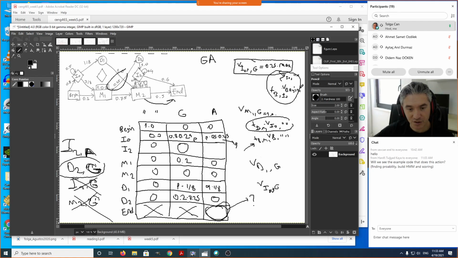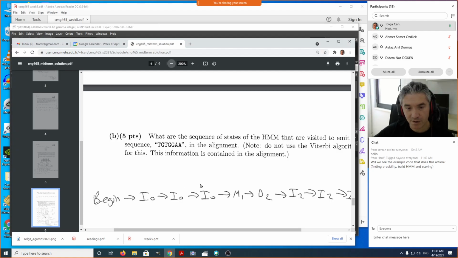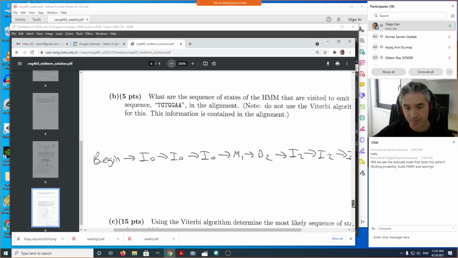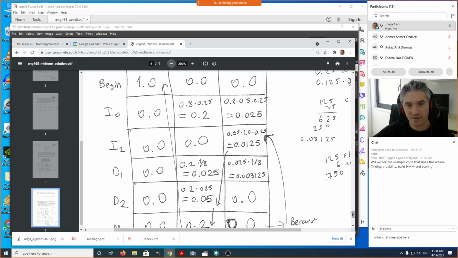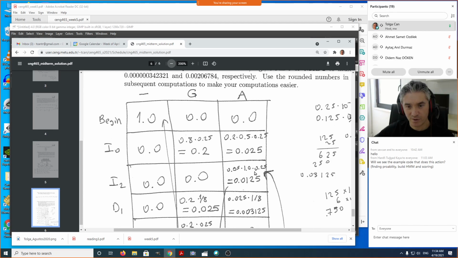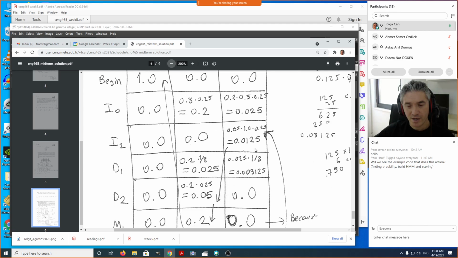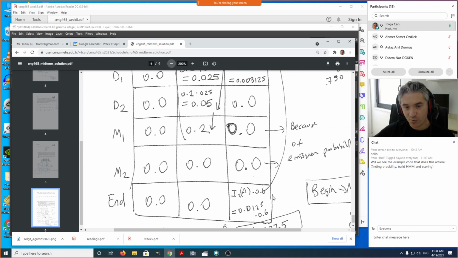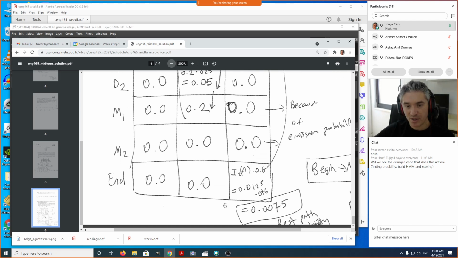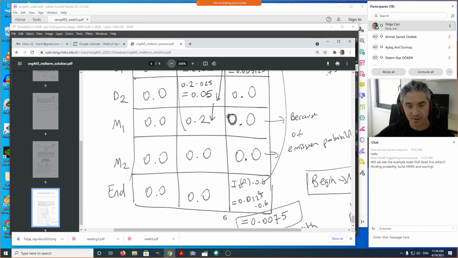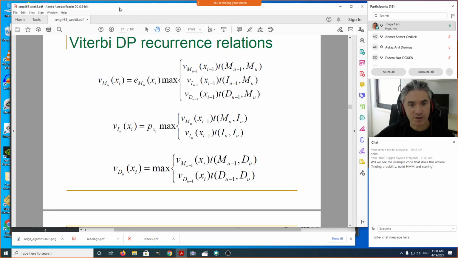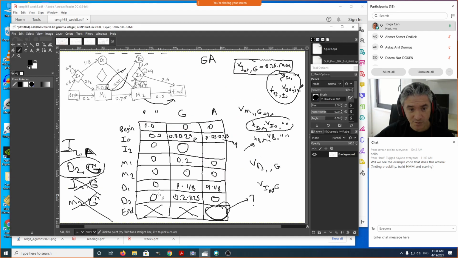Let me go directly to the solution before I stop today's lecture. If we go to this one, you see these are the same probabilities. I2 is non-zero. Let's see, M2A, let's take a look at what we did for M2A.